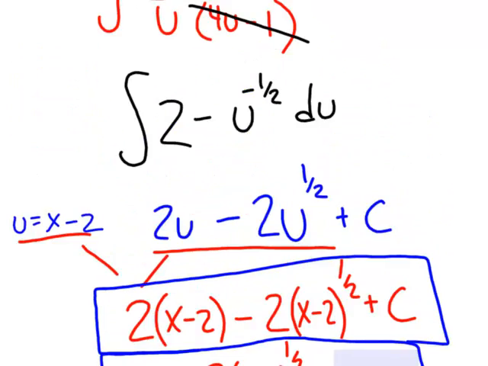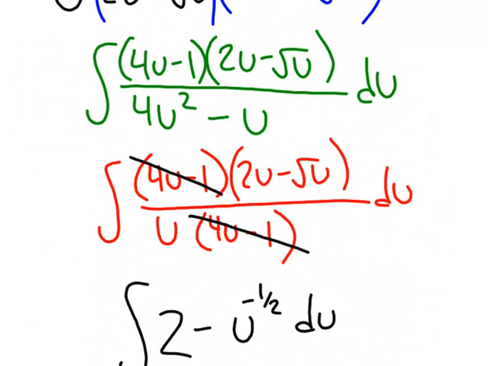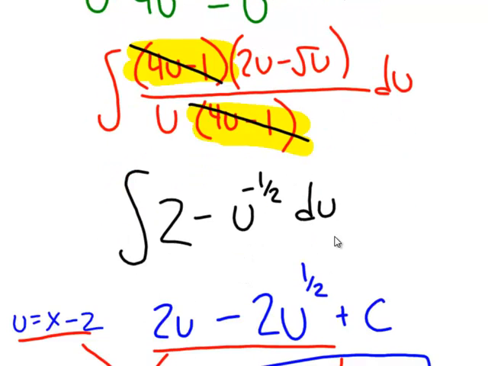I want to go back up to this process up here, and I wonder if it crossed your mind just what a lucky coincidence it was that we ended up with a factor up top that canceled out or divided out with a factor down below. That was very fortunate in this case, and what would we have done if that didn't happen? What if we didn't have those common factors up top and down below?